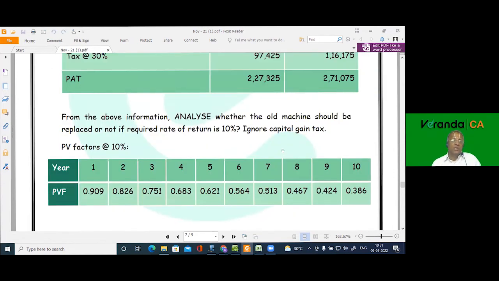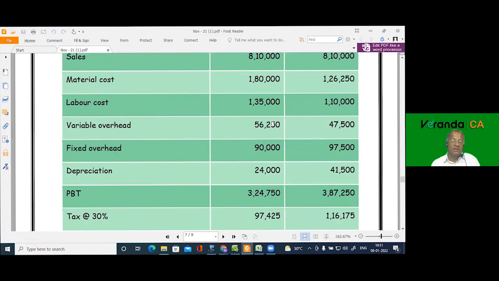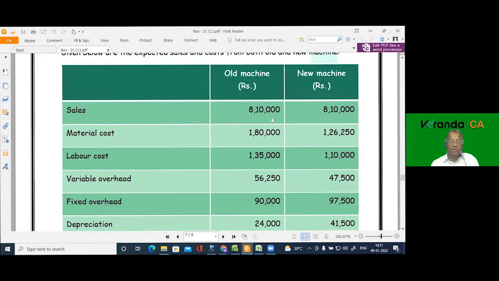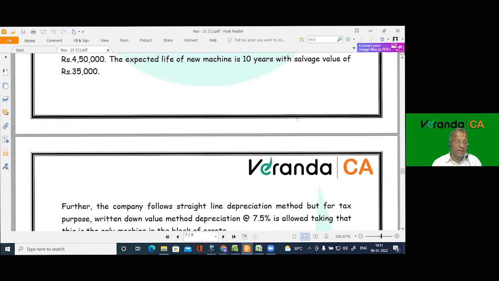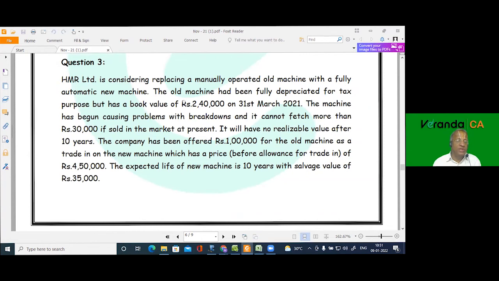Now let us understand what exactly the requirement is. This is basically replacing the old machine with a new machine. The old machine has a book value of 2,40,000, but it cannot fetch more than 30,000 if I sell it now.